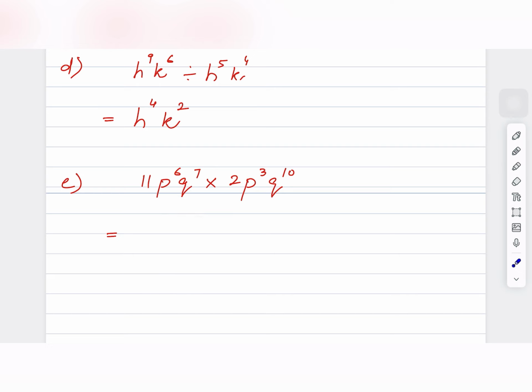So 11 times 2 is 22, p power 6 plus 3 and q power 7 plus 10. So it is 22 p power 9 and q power 17.